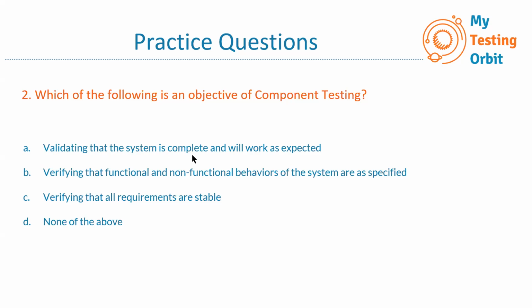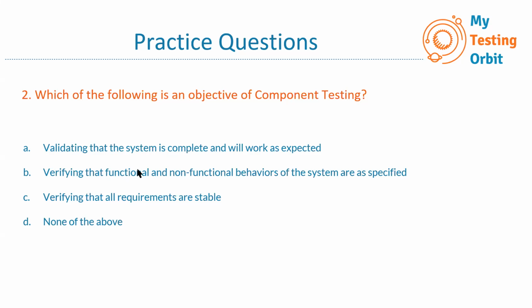And what is validation? Validation is when we are actually executing the planned tests as part of our system testing. So system testing is the level which is above integration. So it's like component testing, then integration testing, then system testing. At that point, we will perform this, but not at component level.